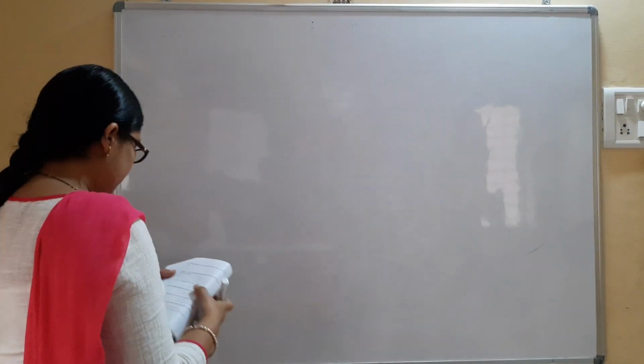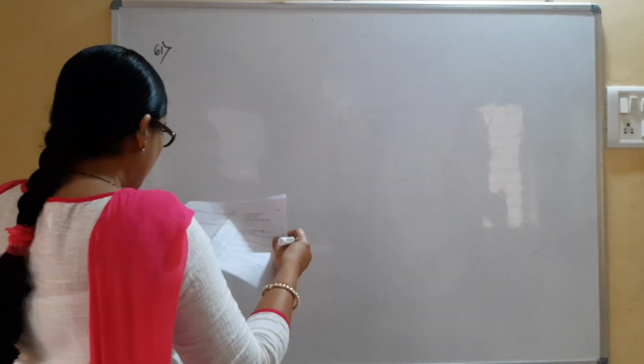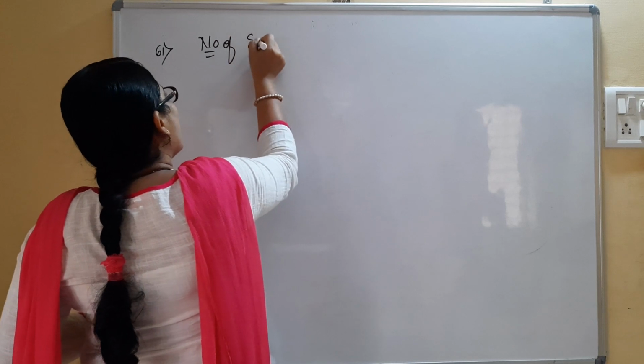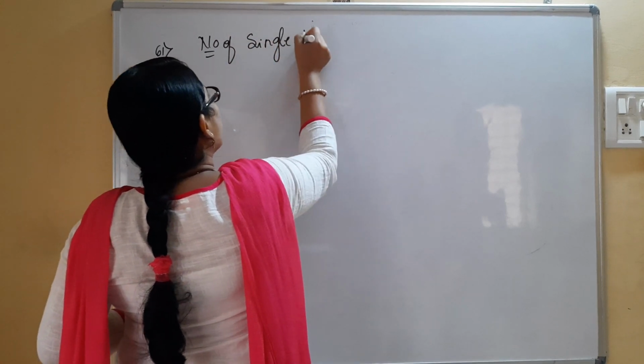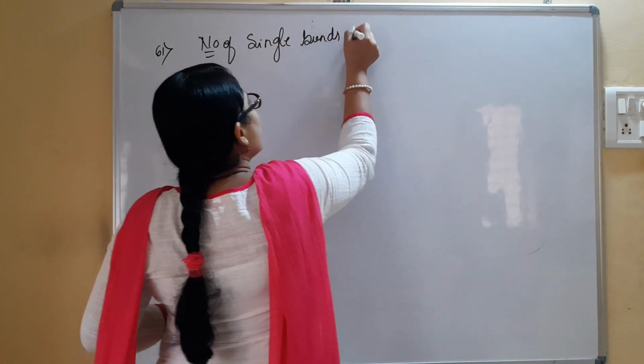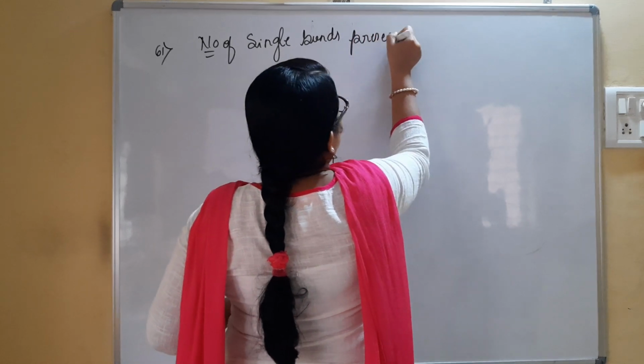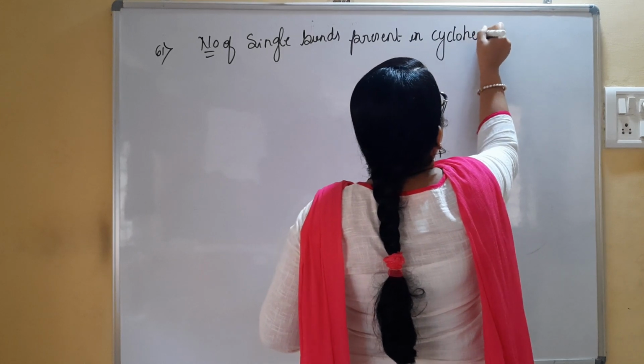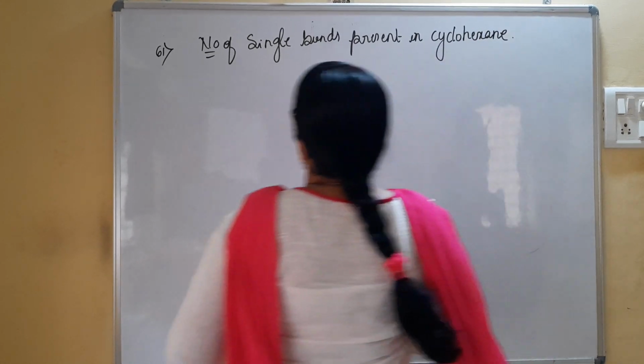So moving to the next question, 61. Number of single bonds present in cyclohexane.